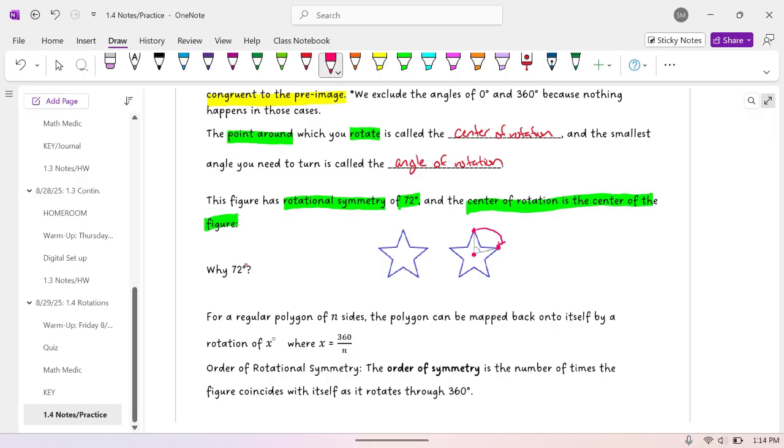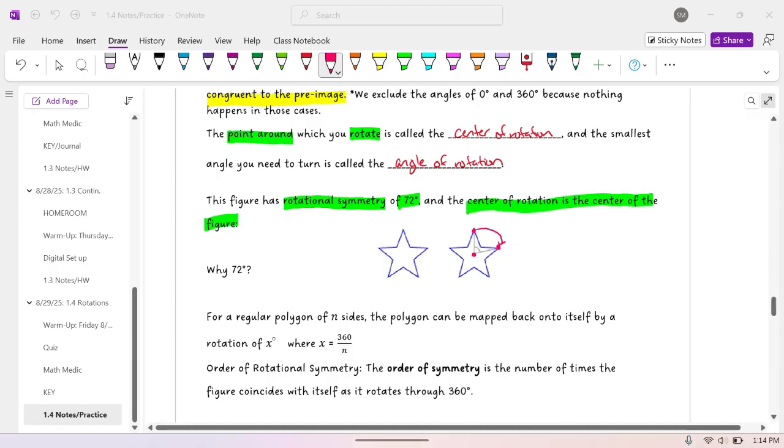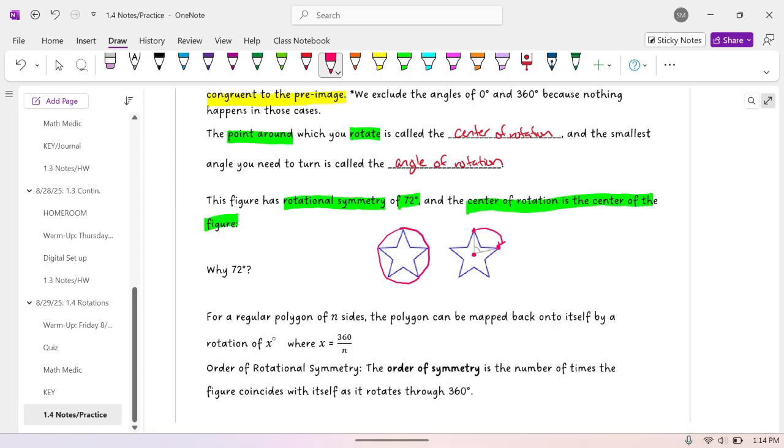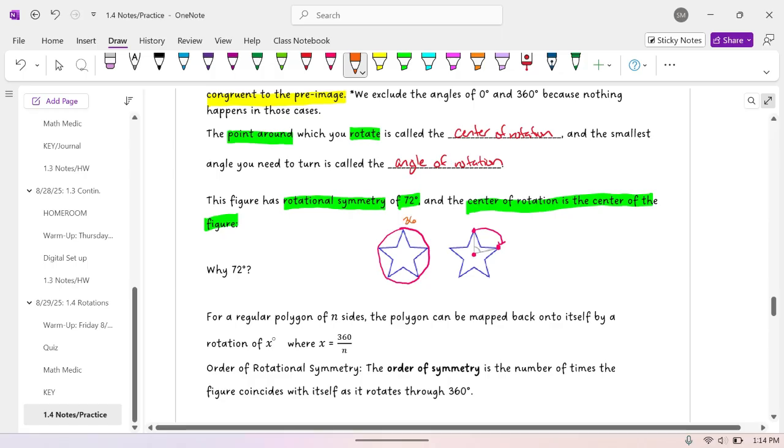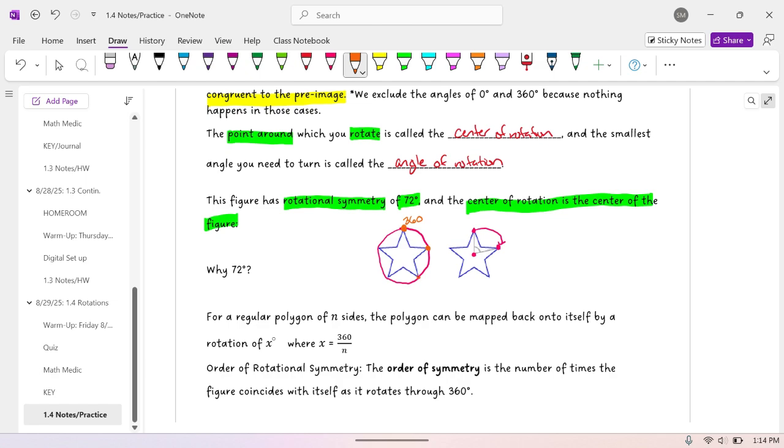So if you think back up here to the 72, think about it. If we were to draw a circle around this star, a circle is 360 degrees. Well, we know that the tips of the star are where we want to land for the star to still look like the star that we started with.